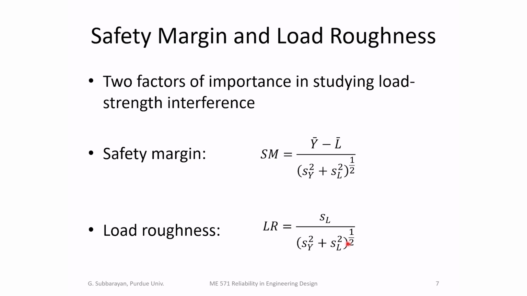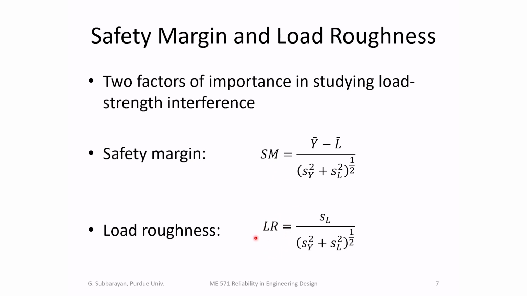So in doing probabilistic design, we're going to use these two factors: safety margin, which is defined this way, and load roughness, which is defined this way. We will most often specify an acceptable load roughness, and then we will specify the safety margin, which represents our desired reliability. We will see how in the next module.